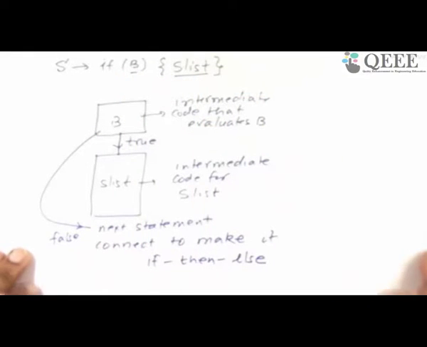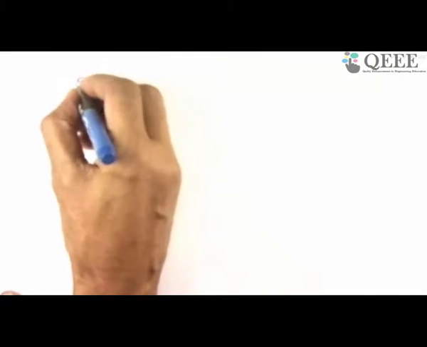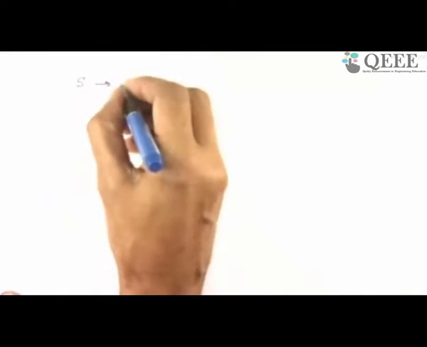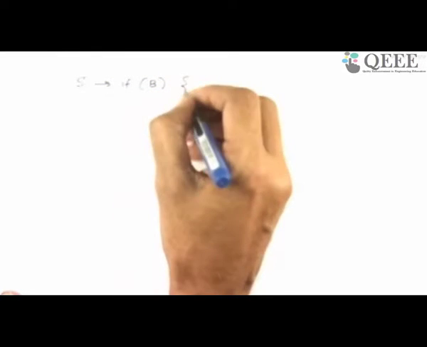Let me try and generate code for a very simple thing so that you can get the idea in more detail. So I'm going to elaborate on this by writing some piece of code, and you can see that it will happen along with parsing, and then we'll try and write some semantic rules. So let's say I still have if bracket B, and here is S list.